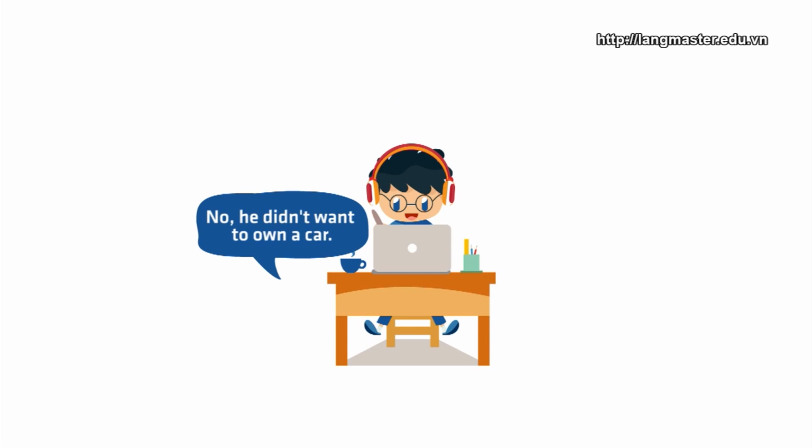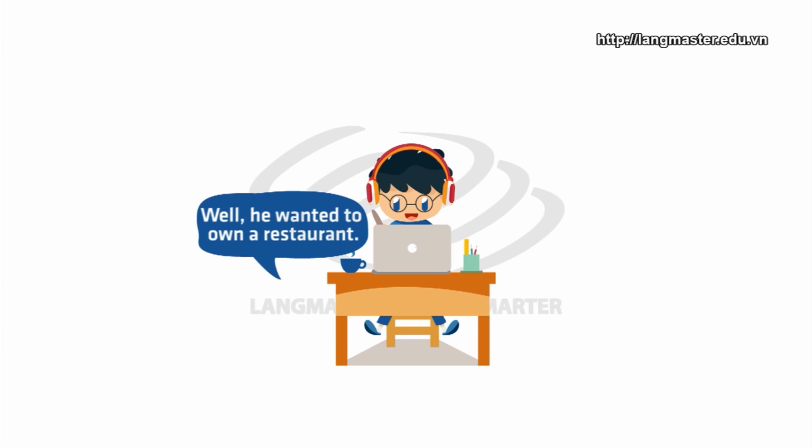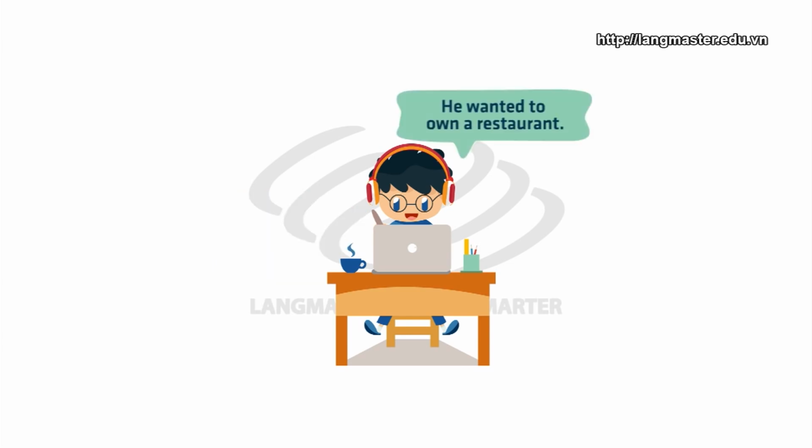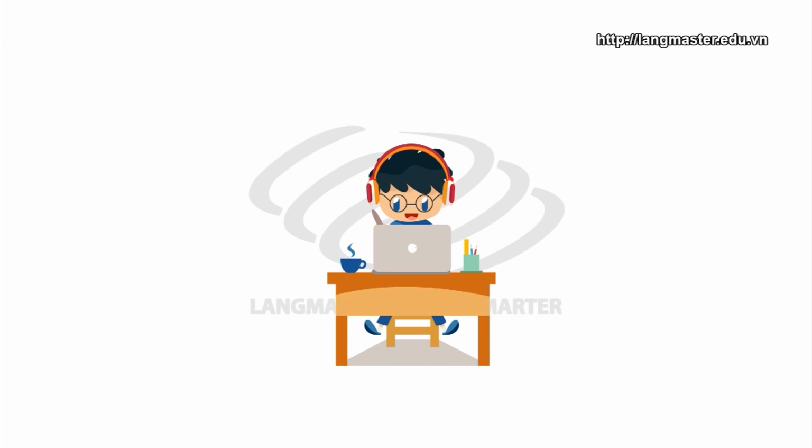What did he want? He wanted to own a restaurant. Wow, he wanted to own a restaurant. Who wanted a restaurant? Okay, so that's how it works.